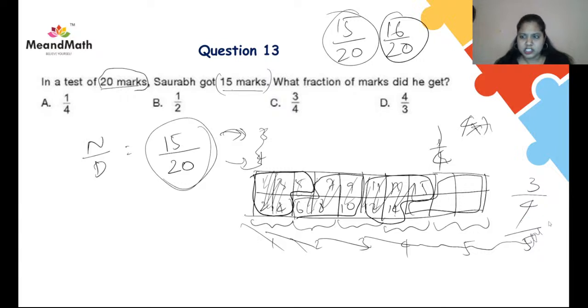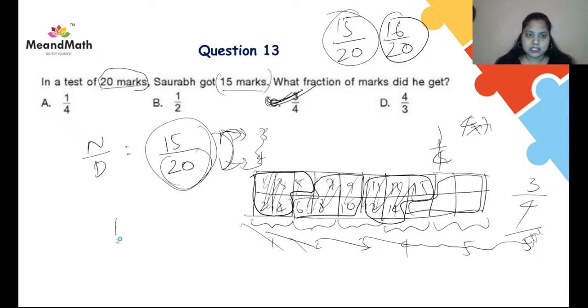So which is the option? Option C. In this question we are grouping the denominator such that the same number of parts are used to group the numerator. Only then can we create a simplified version, that is 3 by 4, which we got.